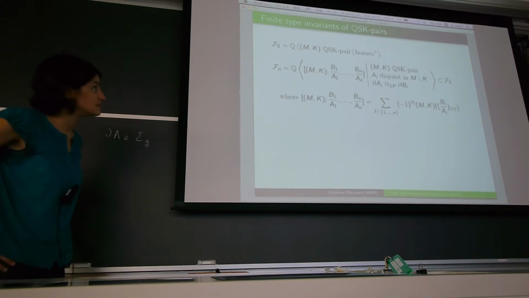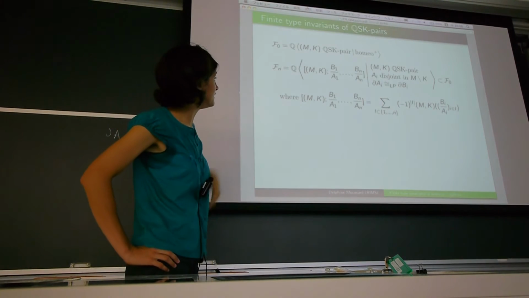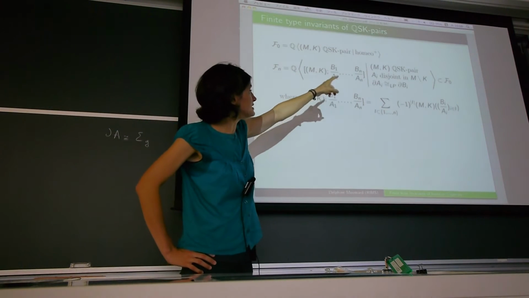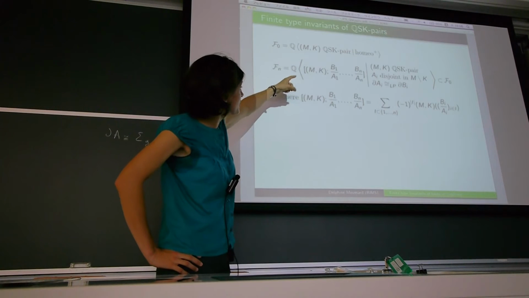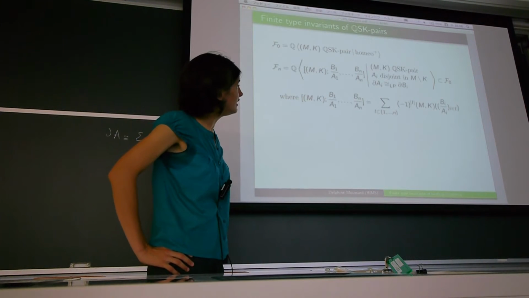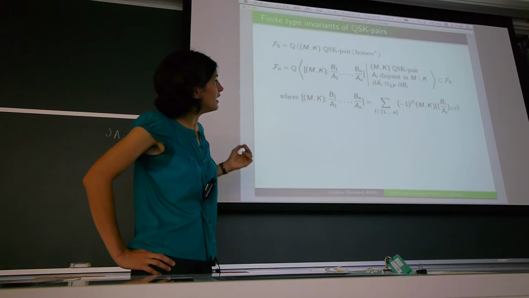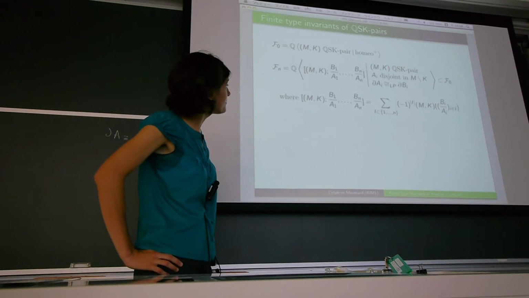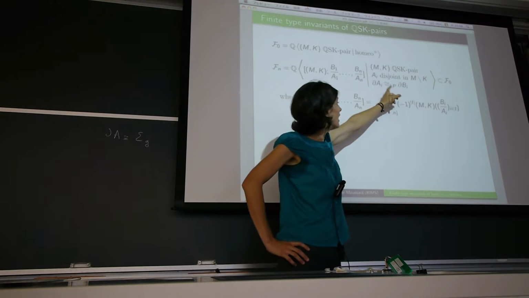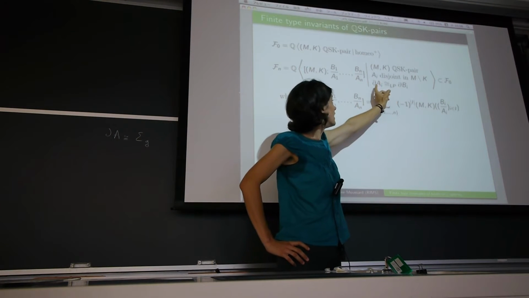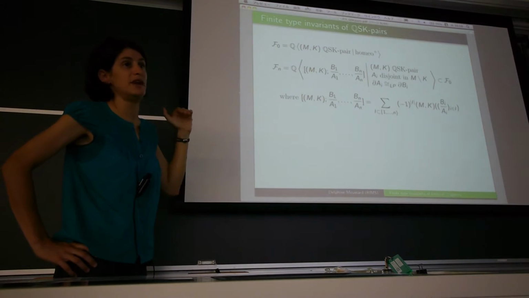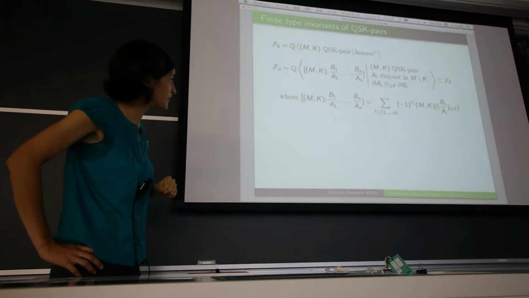We define the subspace Fn, for a positive integer n, as the subspace generated by all these brackets, where such a bracket is defined by a QSK pair, a family of n disjoint QHHs A_i in the complement of K, and another family of QHHs B_i with identification of the boundaries of the A_i with the B_i, where this identification has to preserve the Lagrangian.